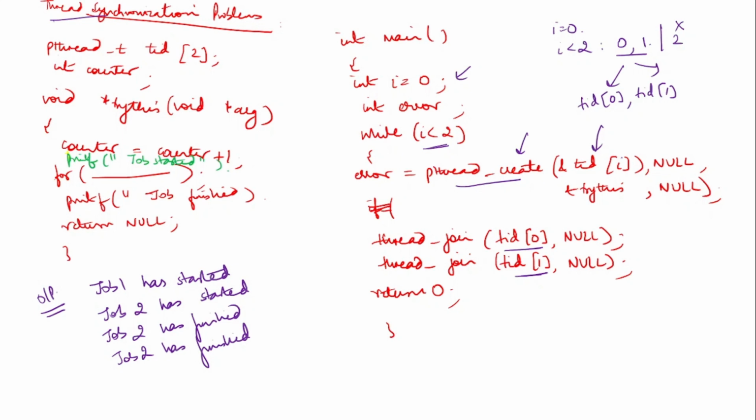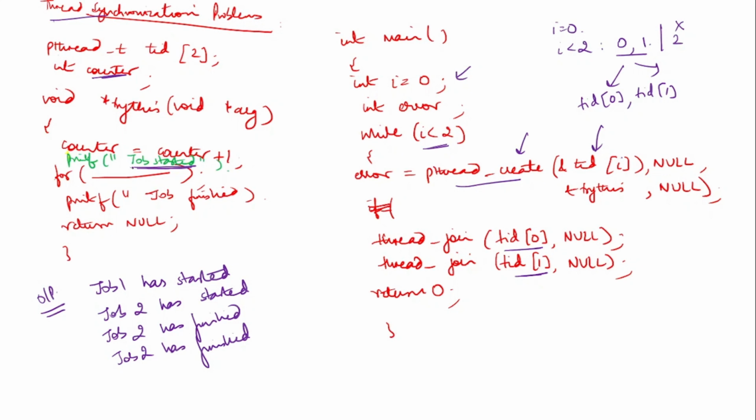So when you are running this program, what exactly happens is, you basically see that a value of counter is defined here, which is a global variable. So as soon as this is printed, job 1 has started, and then some loop executes.